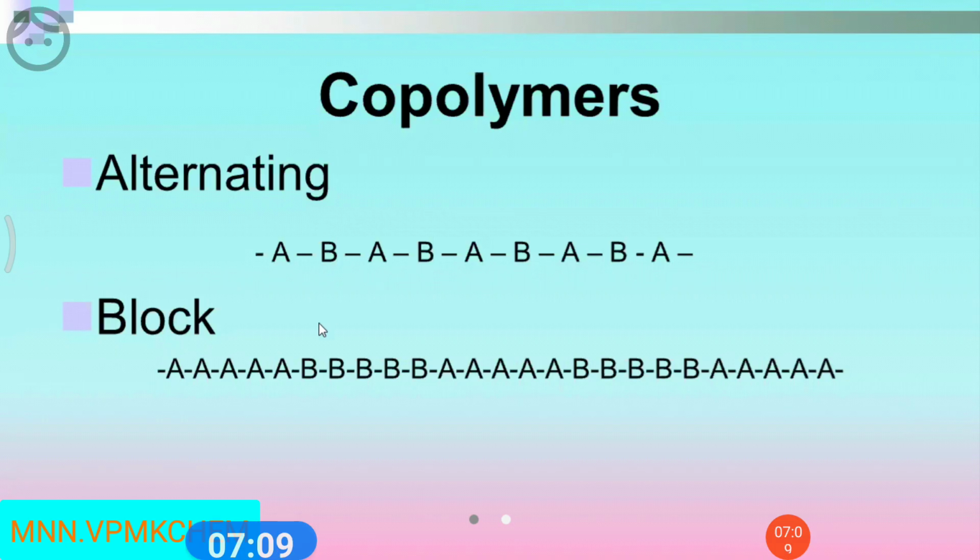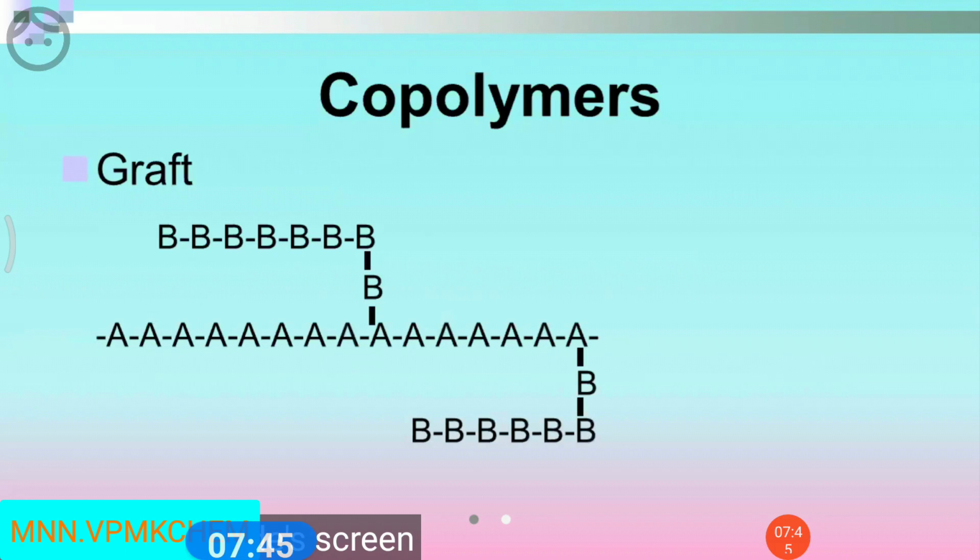In this, the monomeric unit of one type and the monomeric unit of another type, say A and B, are arranged in a pattern. Here one can see there is a monomeric unit of A, then a block of B, then again a chain of monomeric unit A and again a block of B. So this is how it is called a block copolymer.